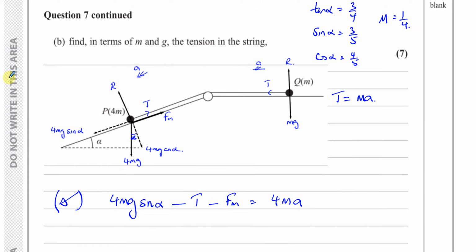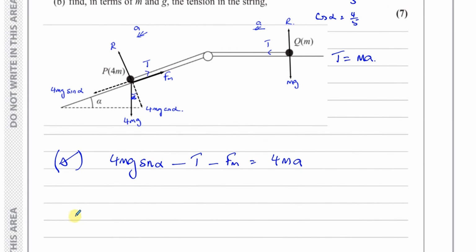Now if I resolve the forces perpendicular to the plane, I'll be able to find F max, because F max is equal to mu times R. The reaction force is equal to the component of the weight perpendicular to the plane, which is 4mg cosine alpha.